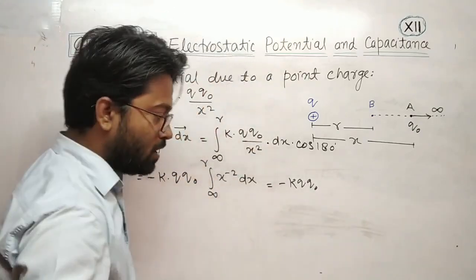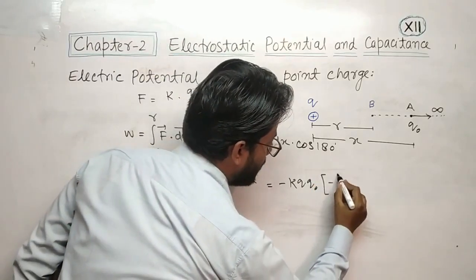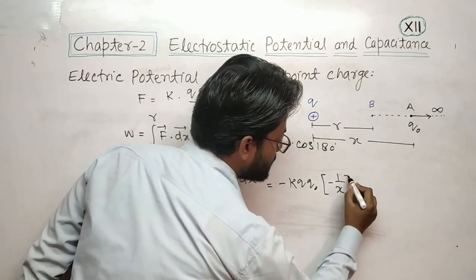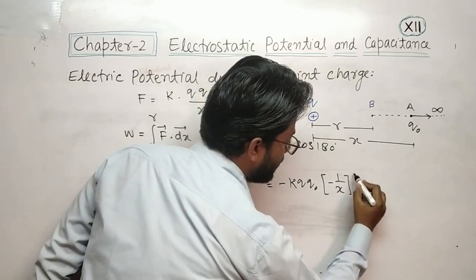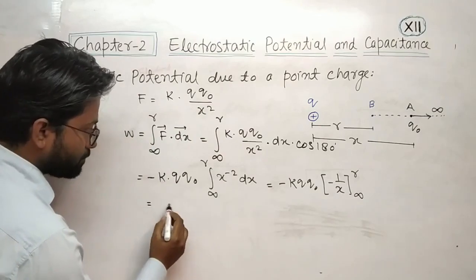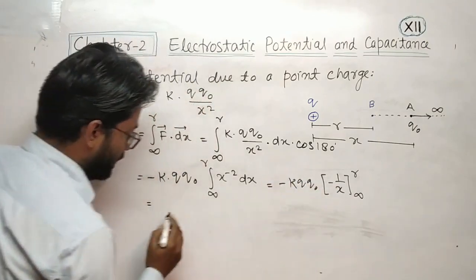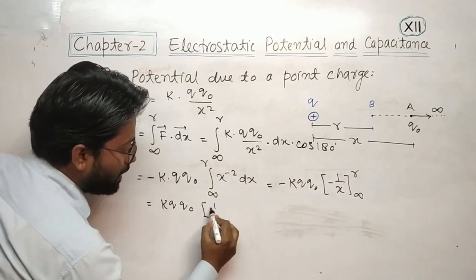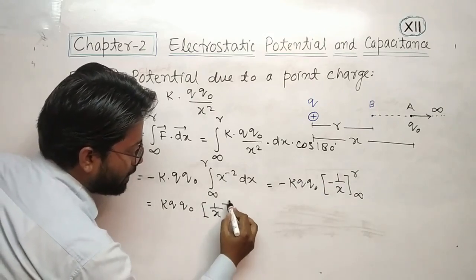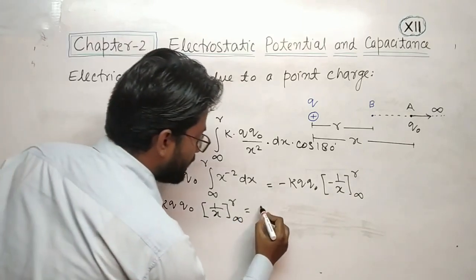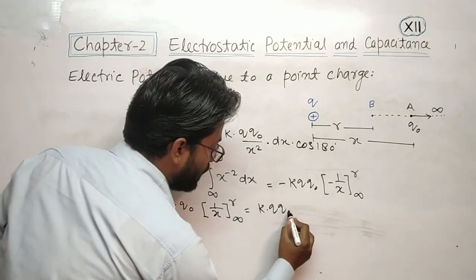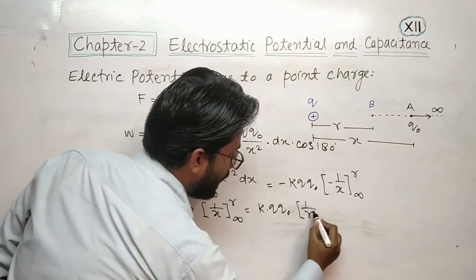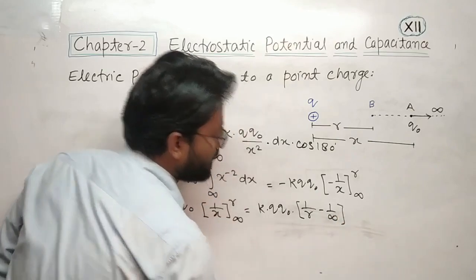Minus 1 upon x, or simply we can write integration of x to the power minus 2 will be equals to minus 1 upon x from infinity to r. Minus sign can be taken out. It will be K Q naught 1 upon x from infinity to r, or we can write K Q naught, 1 upon r minus 1 upon infinity.